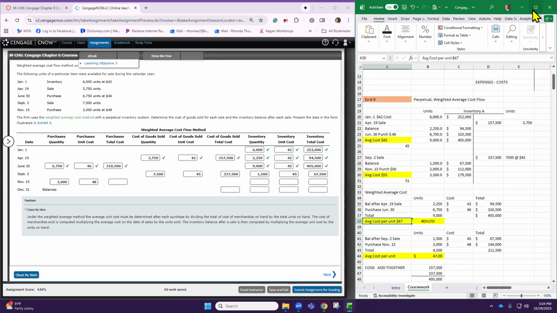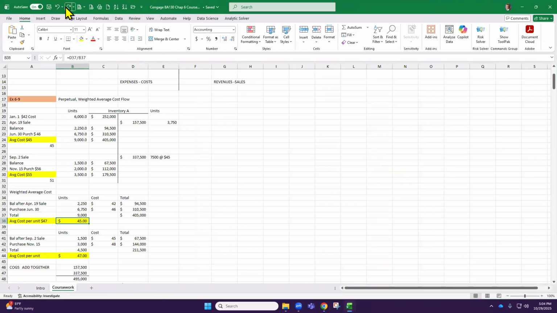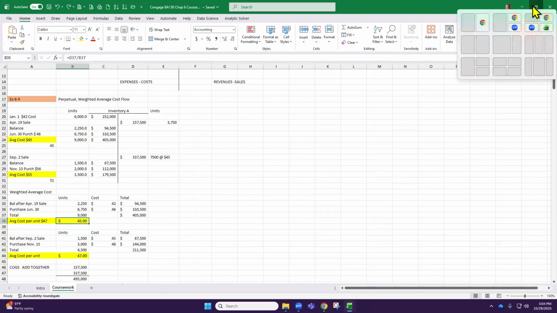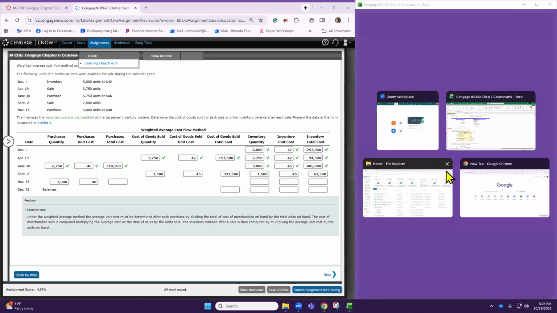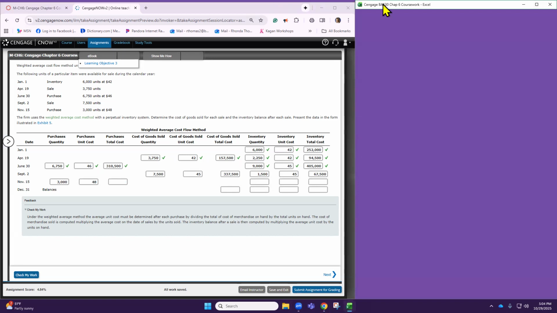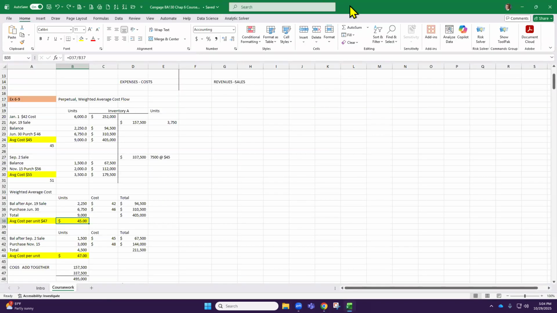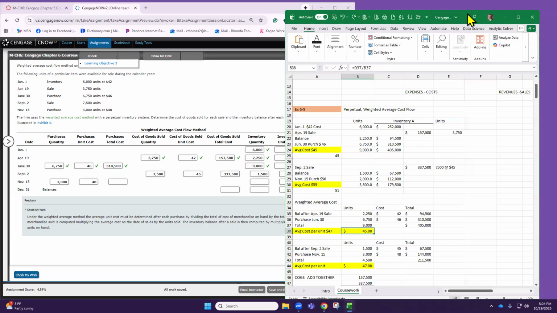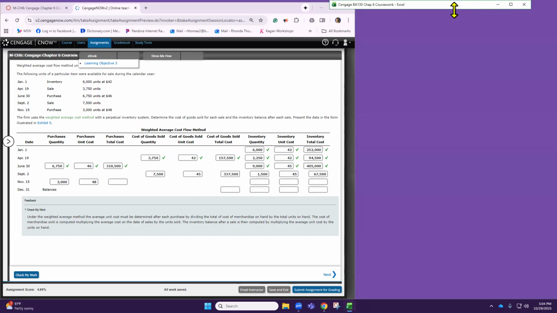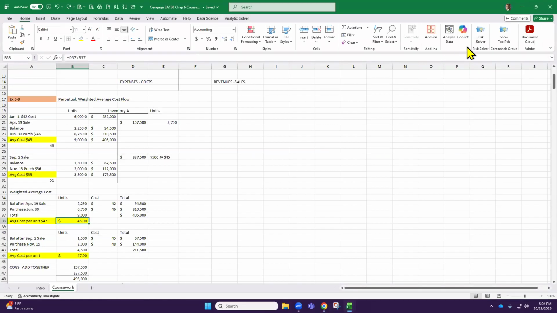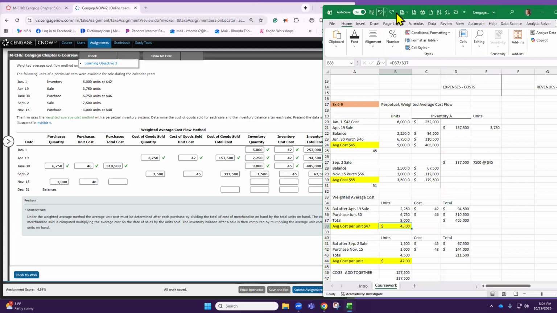Let me go back and make sure, I'm trying to be much more careful. I'm going to move this over so we can see it. You have to stretch this one out, so hold on just a second.